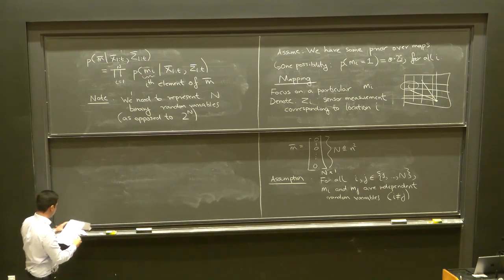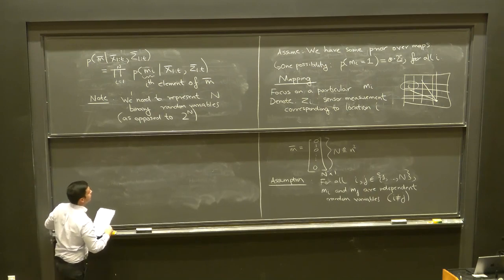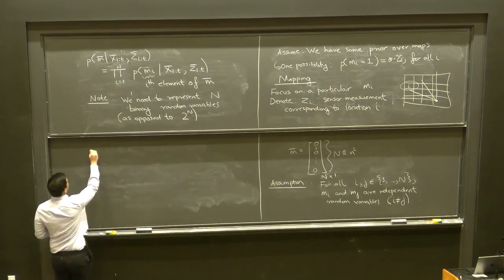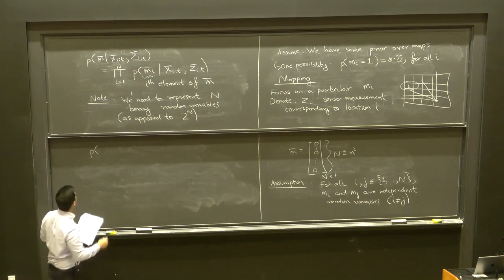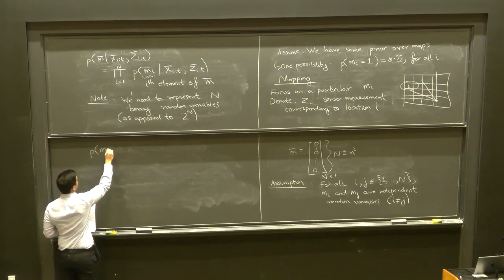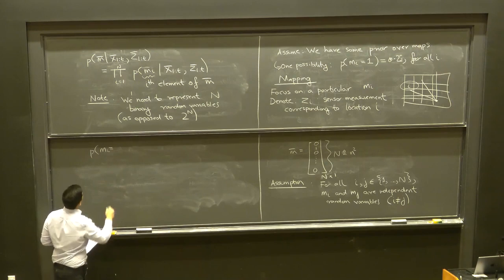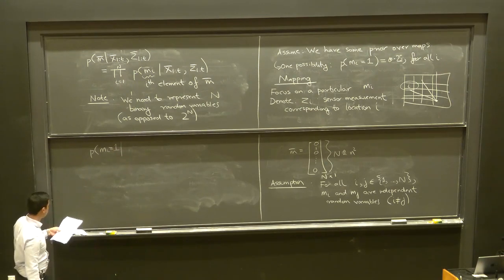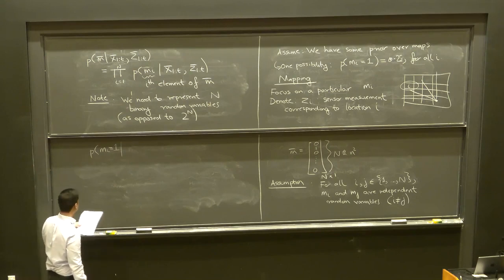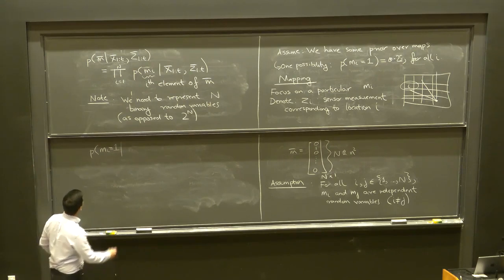All right, so let's do this updating of the robot's confidence. Again, we're focusing on this one particular cell, mi: the probability that that cell is occupied, given some sensor measurements.